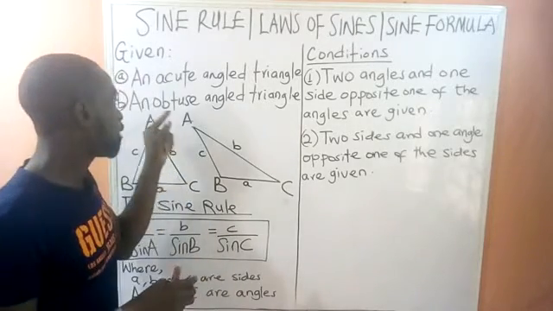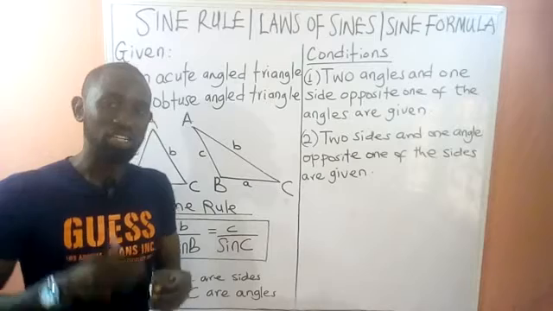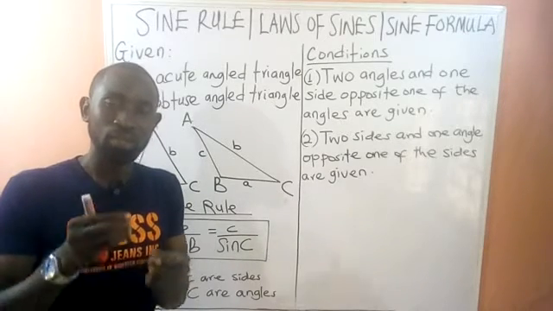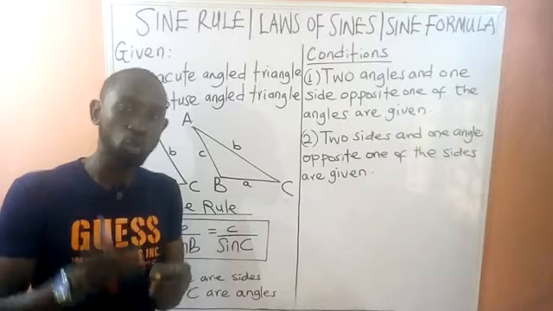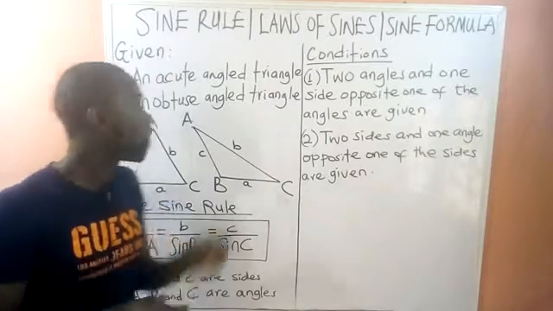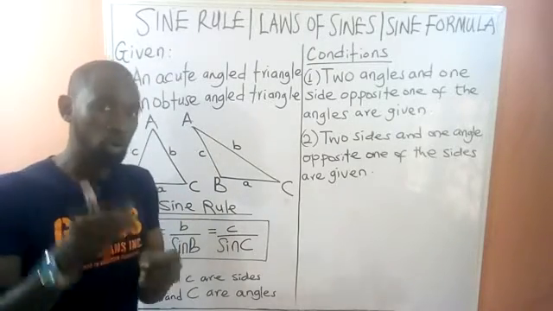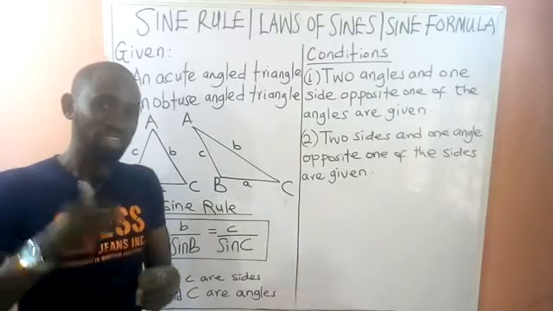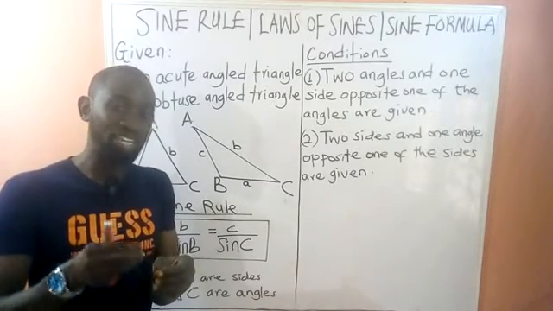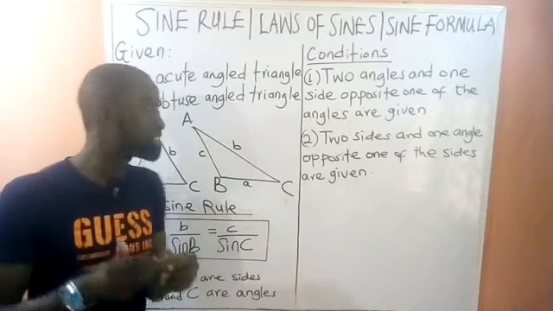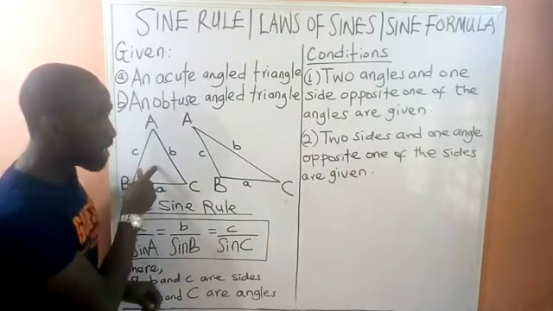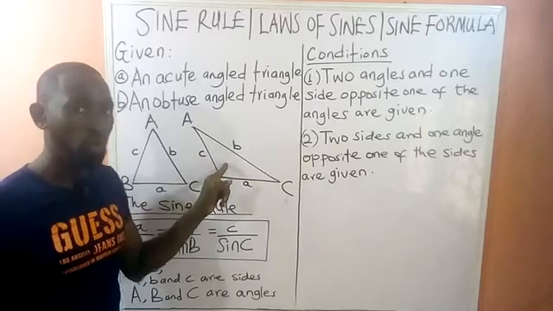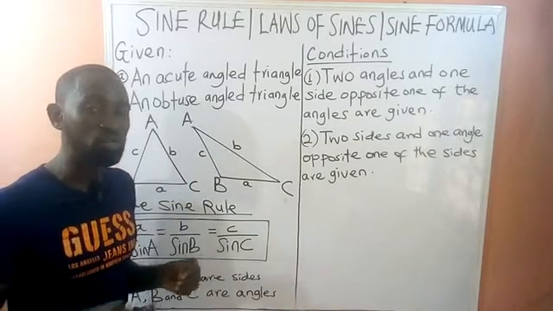Then an obtuse angle is an angle that is more than 90 degrees but less than 180 degrees. So for acute, greater than 0, less than 90. For obtuse, greater than 90, less than 180. So here, this is the diagram for an acute angle triangle. This is the diagram for an obtuse angle triangle.